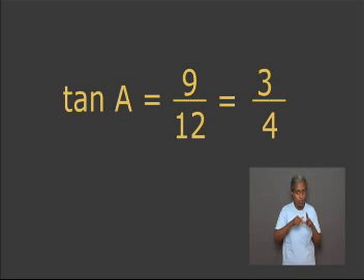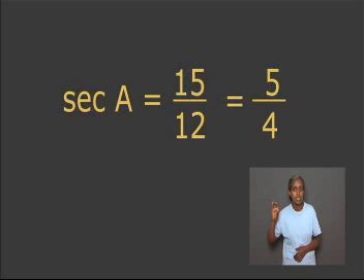The tangent of angle A is 9/12, which can be simplified to 3/4. The secant of angle A is 15/12, which can be simplified to 5/4.